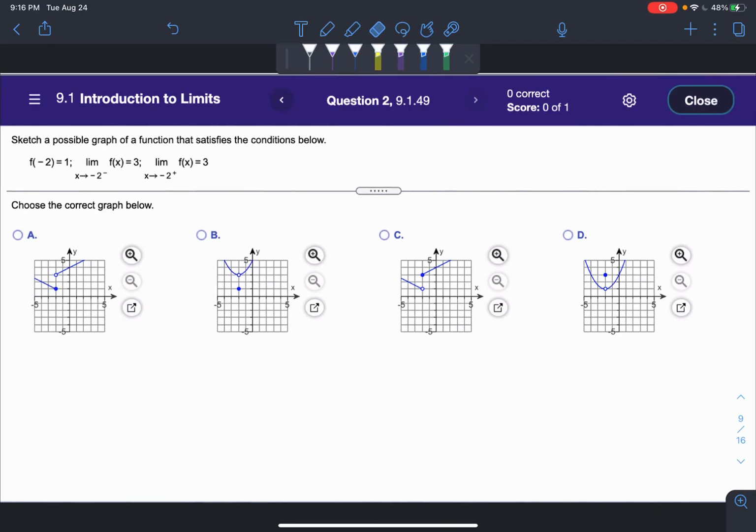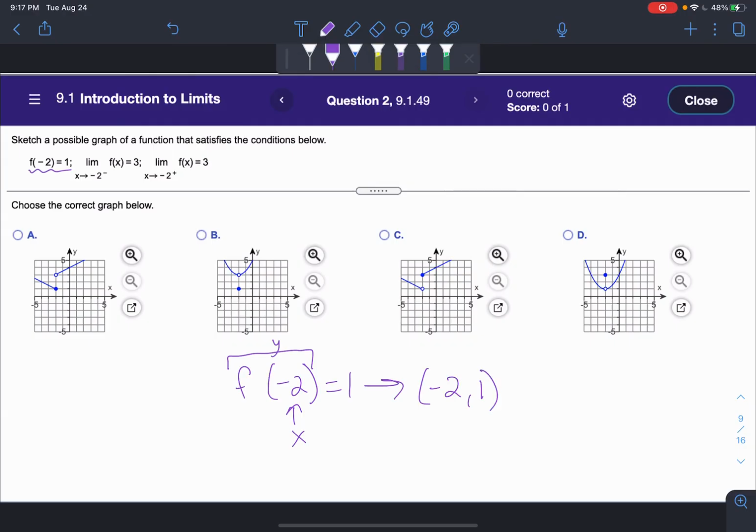So let's do another one. So now we have these conditions. So f of negative 2 equals 1. So remember how we did this in the last one. This is my x value, and then this is my y value, right? This is my output. Okay, so that means that I want to have the point negative 2, 1.